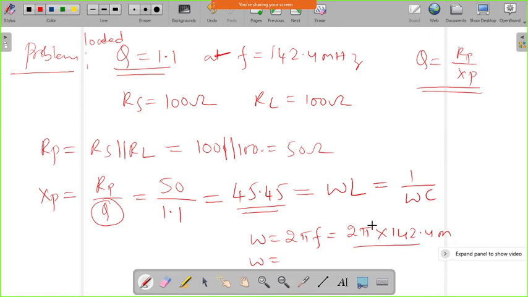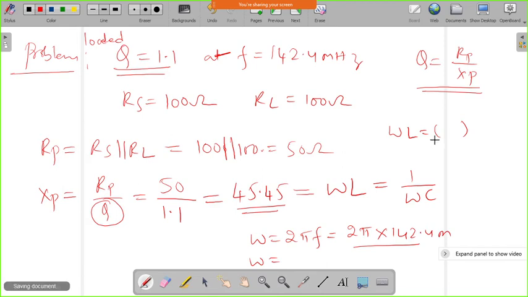Now the same thing you can do here: substitute omega L, which is equal to whatever you are going to get, then we will get L equal to Xp over omega. So calculate the L value.